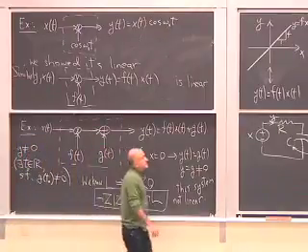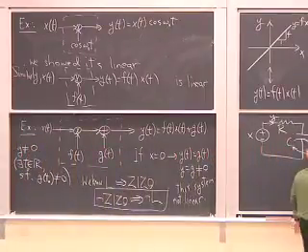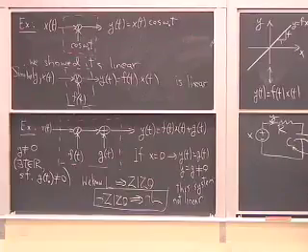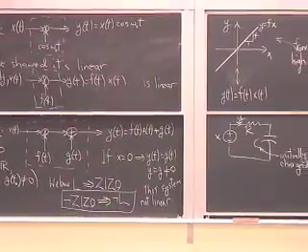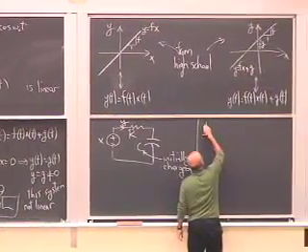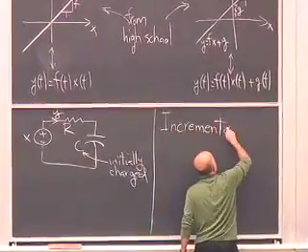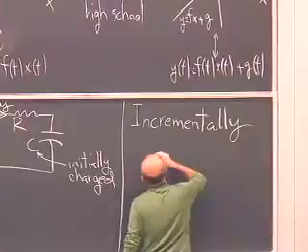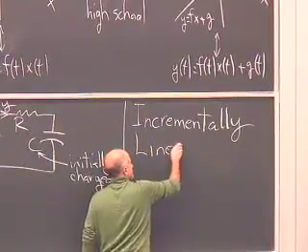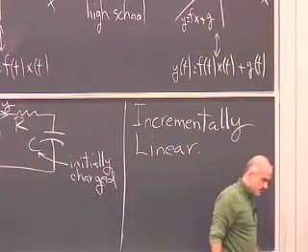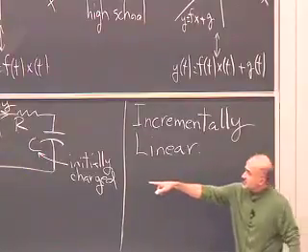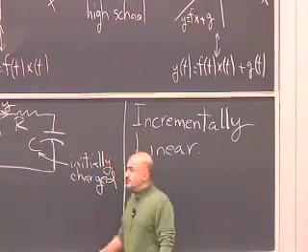These kinds of systems we call incrementally linear. So a system like this is called incrementally linear.